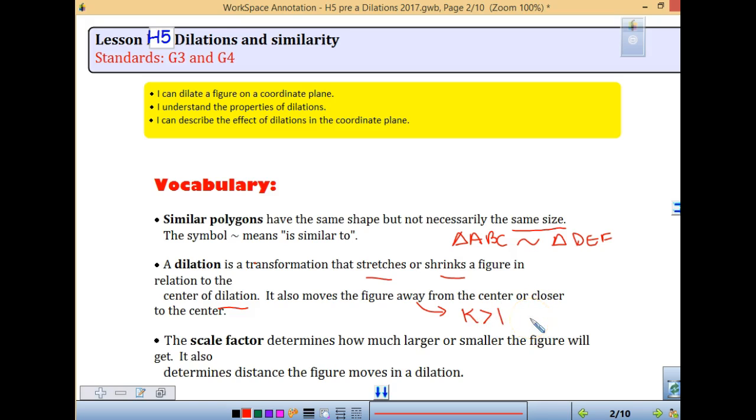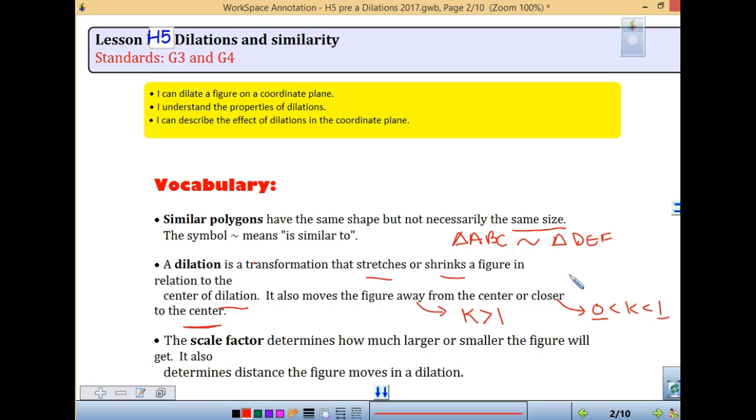Meaning, if I multiply by 1.5, or by 2, or by 3, okay? So closer to the, you should have center, is what you were filling in there, right? It goes away if k is greater than 1, and it goes closer if the value is between 1 and 0. So it's going to get closer.